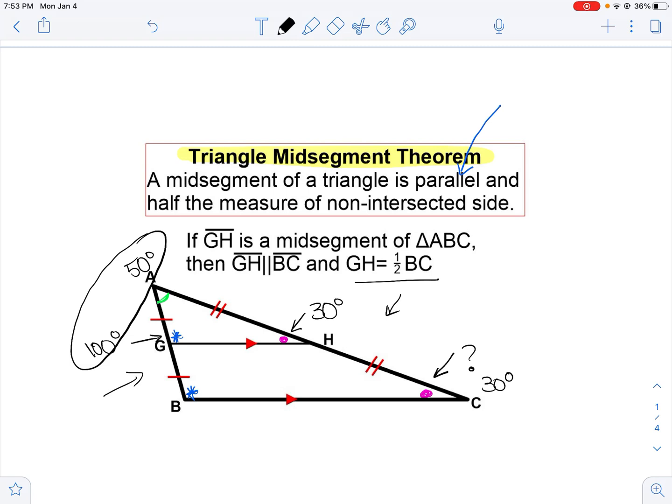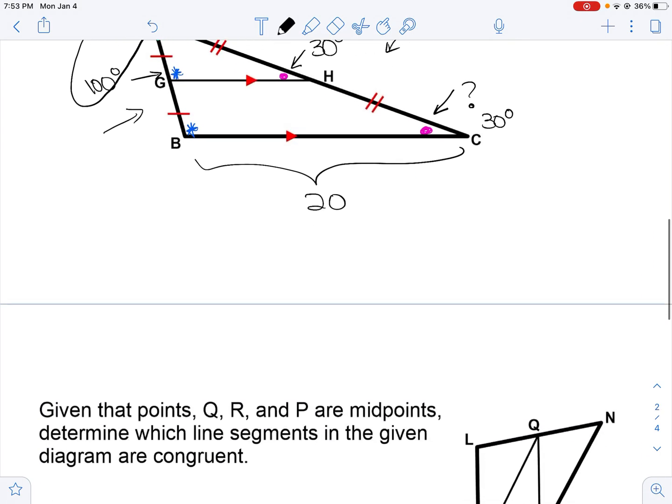It is half the length. Just for simplicity's sake, if BC were 20 units, what would GH be? If you said GH is 10 units, then you are correct. All right, let's take a look at the next part.